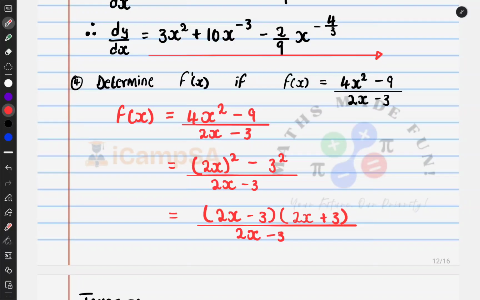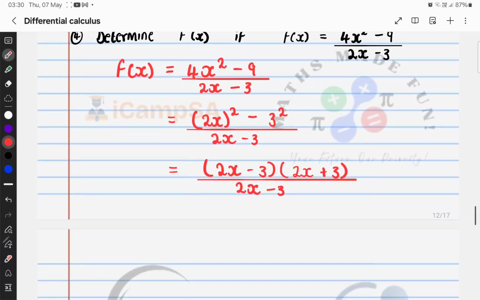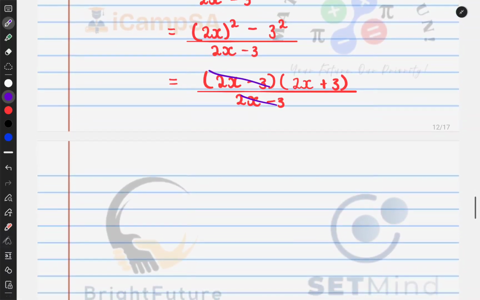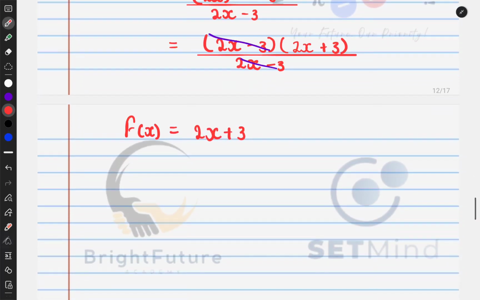Let me add a page. Okay, now that we have added the page, let's cancel that one. Therefore, f of x is equal to 2x plus 3. Now we can find the derivative of this function, which is f prime of x equal to 2, because for 2x we have 1 multiplied by 2, and the derivative of a constant, that 3, is 0.